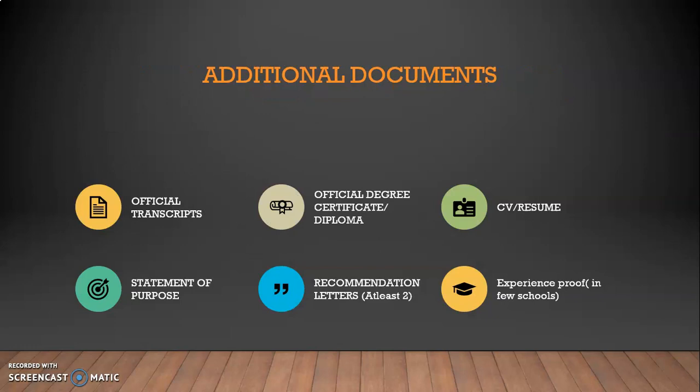There are certain additional documents which you have to provide. Official transcripts. Now, if you are settled in the US and you have studied abroad, you're a foreign trained dentist, it's always best to contact your school and get your official transcripts and your official degree certificate. It's easy.